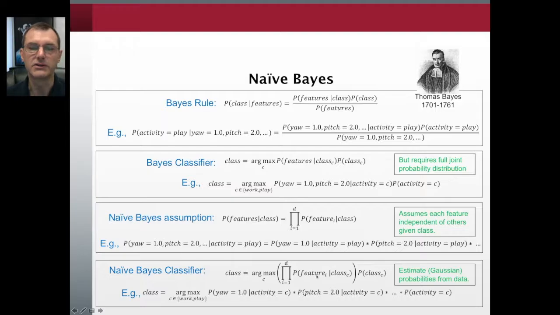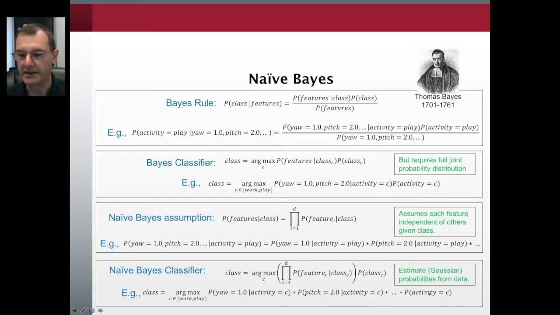Now, since our features in this case are all numeric, we are going to assume that they're Gaussian distributed, or normally distributed. And so these individual probabilities here are actually going to be Gaussian. So we're going to basically compute the mean and variance of all of the yaw values for a particular activity, and then use that Gaussian probability for whatever new values we're trying to predict.